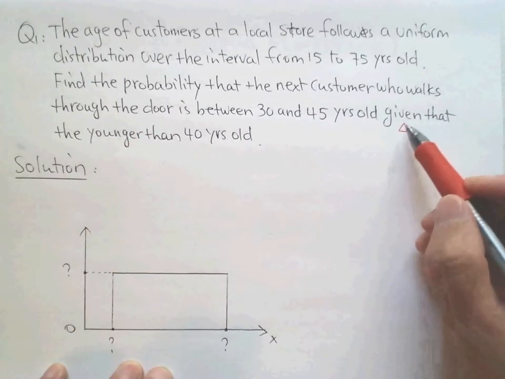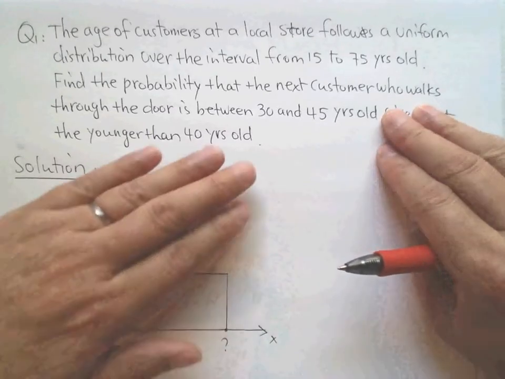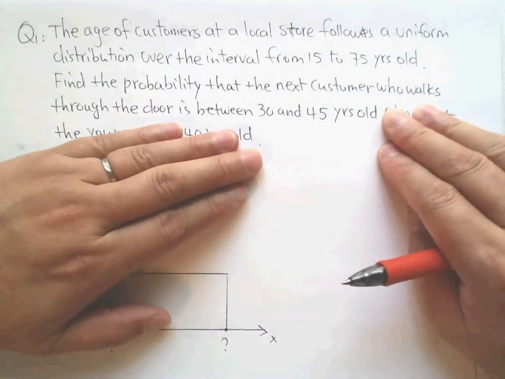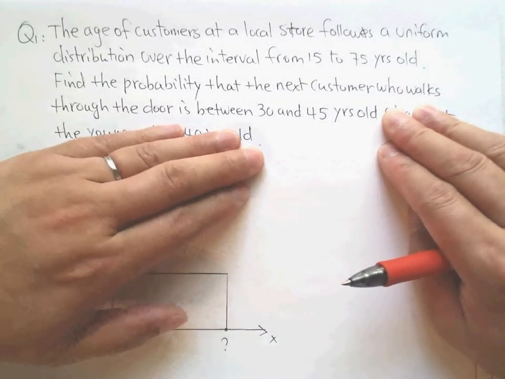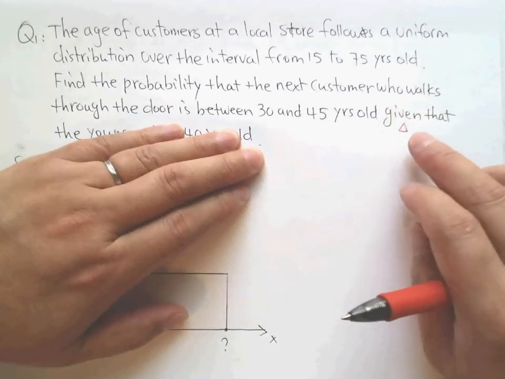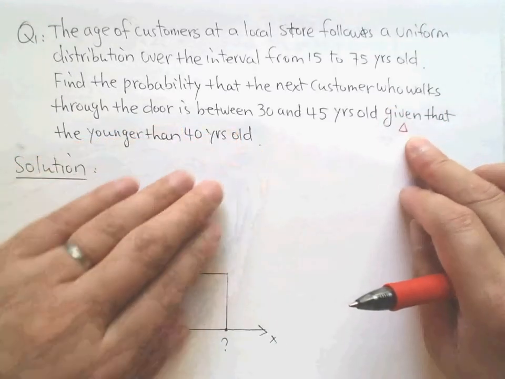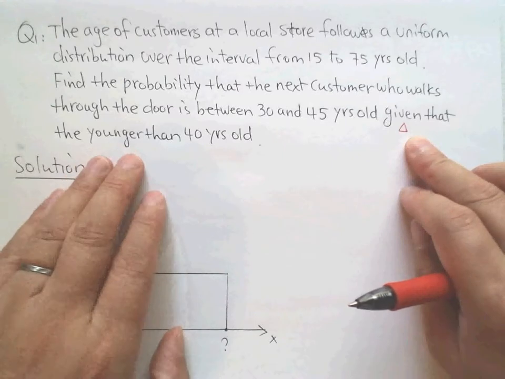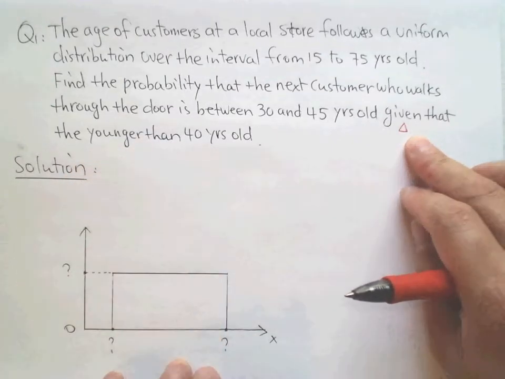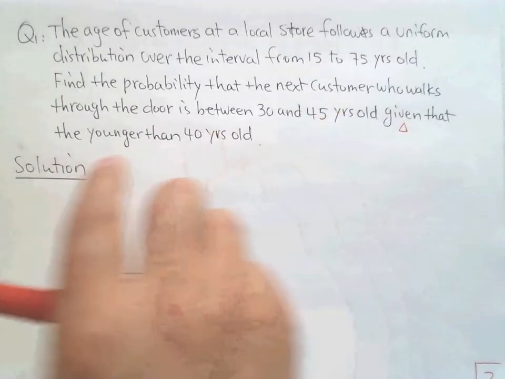Last time we did that question, it stopped there. That's a basic probability, but now it's not basic. Why? Because it's given. We already have some information that the customer is younger than 40 years old, but we don't know exactly what the age is, right?